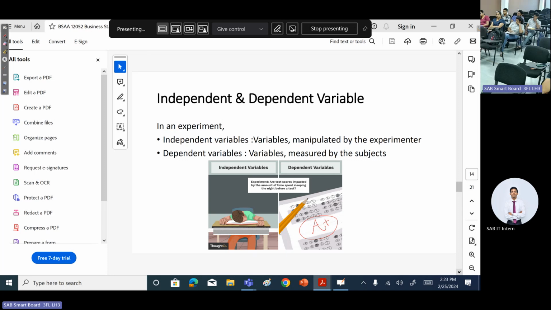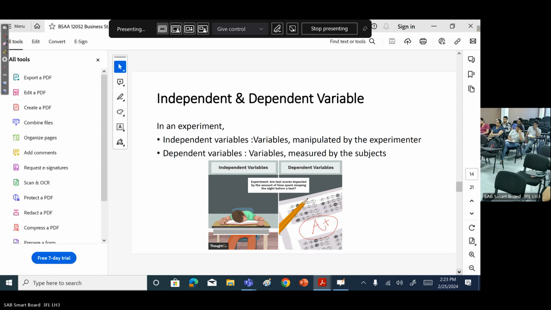Understood? Then monthly sales is the dependent variable. It depends on the advertising expenditure. Advertising expenditure does not depend on the monthly sales. Clear? Okay, that is the dependent variable and the independent variable.